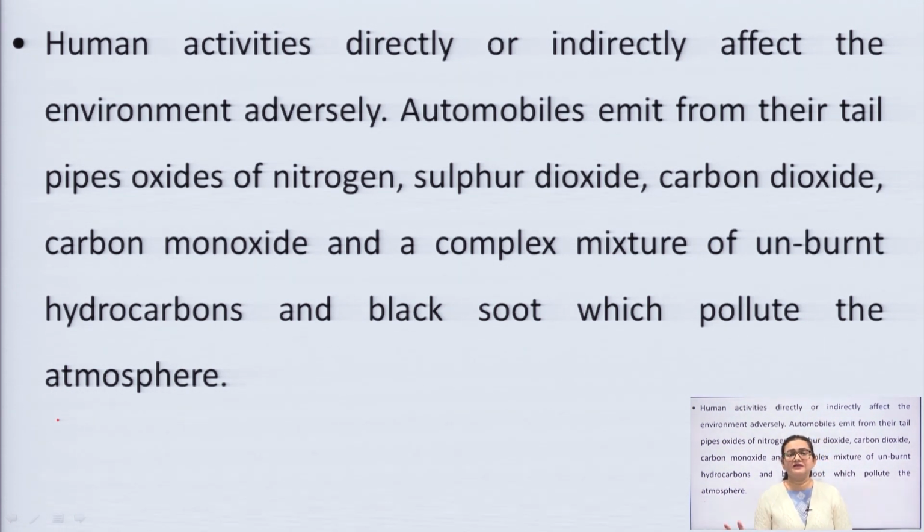Automobiles emit these sorts of gases which I told you about, like carbon dioxide, carbon monoxide, sulphur dioxide, and either they form a complex mixture or they make unburnt hydrocarbon, black soot. When burnt up, they form a black soot which is more harmful than these gases alone.